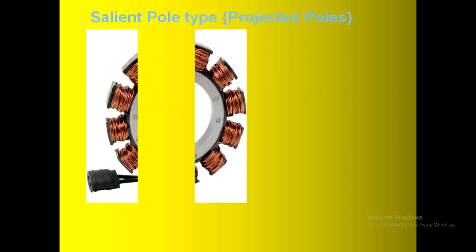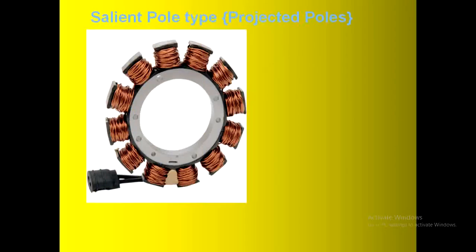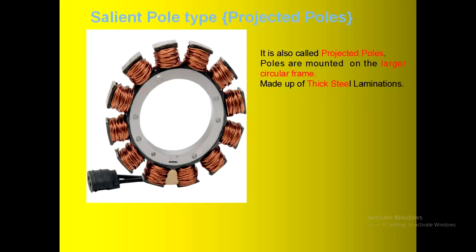This is a salient pole alternator, where a number of poles can be seen in the circular frame of the machine. These are also called projected poles, and they are mounted on the larger circular frame. This is made up of thick steel lamination. Field windings are connected in series.